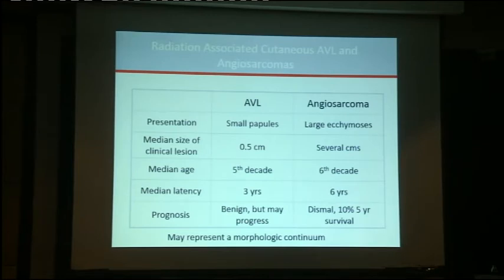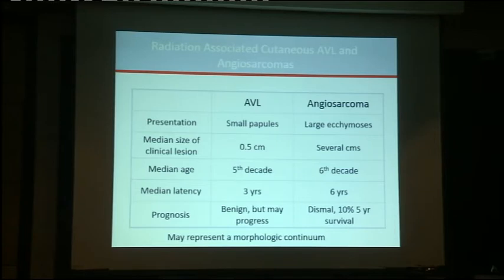When you look at the clinical features, they are usually small lesions compared to angiosarcoma. They usually occur within 3 to 4 years after radiation. More importantly, we have to separate these from angiosarcomas because these are benign lesions.